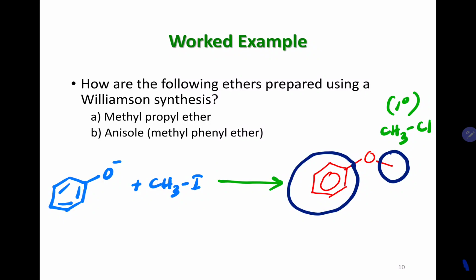Okay, so the alkoxide ion will be generated from phenol, and then this reaction will get you the product. Okay, so this is how you think about it. This phenyl group will not be a primary alkyl halide, so you couldn't get the phenyl group from an alkyl halide. So that is the only thing that you have to worry about.